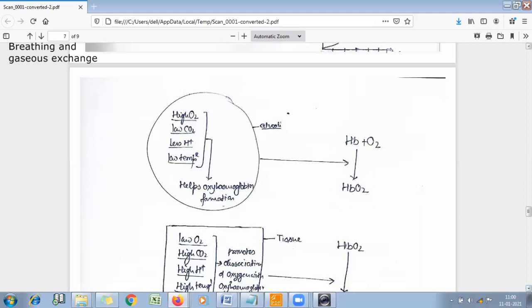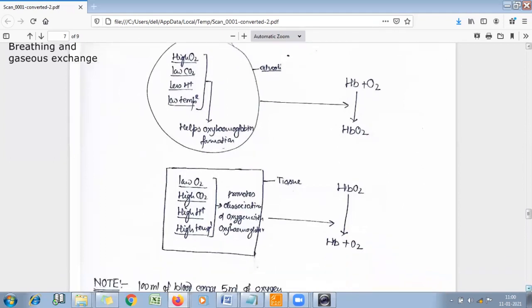oxyhemoglobin. But when the condition is changed, such as in tissues, as we know, all the oxygen will be utilized for the oxidation of food, so the amount of oxygen will be low in the tissue, the amount of carbon dioxide will be high, the hydrogen ion concentration will be more in the tissues, and temperature will also be high.